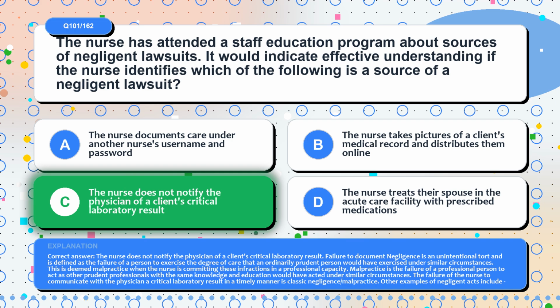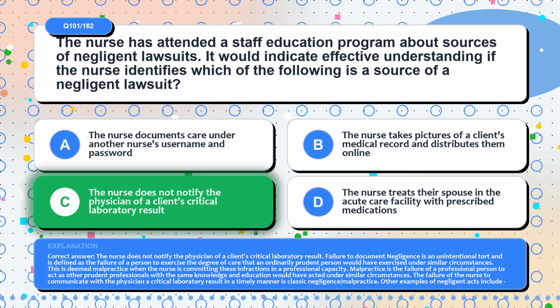This is deemed malpractice when the nurse is committing these infractions in a professional capacity. Malpractice is the failure of a professional person to act as other prudent professionals with the same knowledge and education would have acted under similar circumstances.